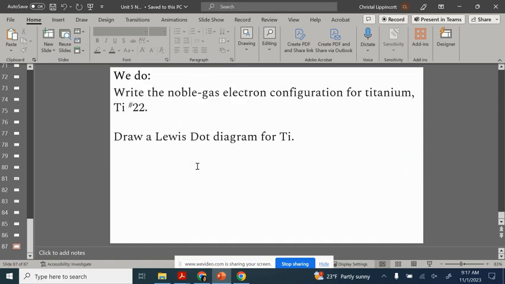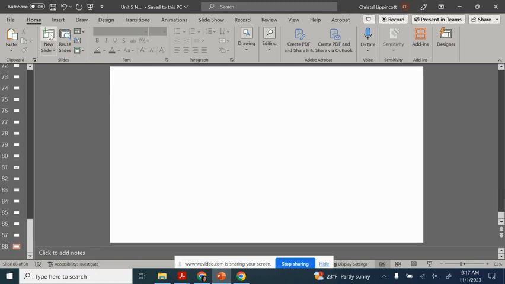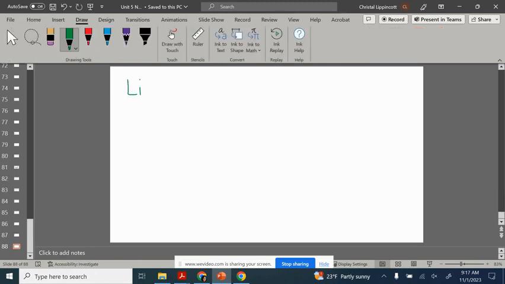Lithium is 1s2, 2s1. So what's its highest N value? Sorry, I'm counting electrons. So 2. This is its highest N value. How many electrons are there on just that one? So lithium would have 1 dot for its Lewis dot.